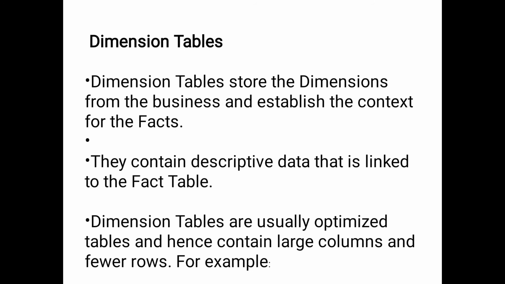Fifth one, dimension tables. Dimension tables store the dimensions from the business and establish the context for the facts. They contain discrete data that is linked to the fact table. Dimension tables are usually optimized tables and hence contain large columns and fewer rows.